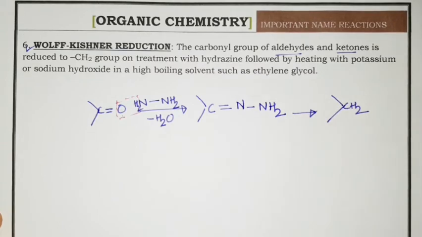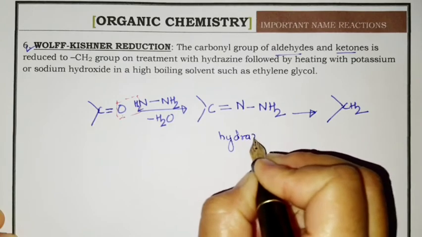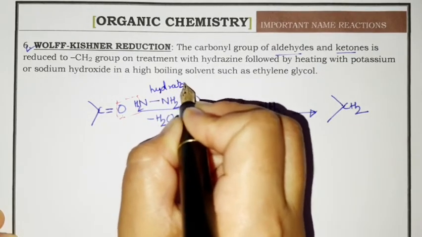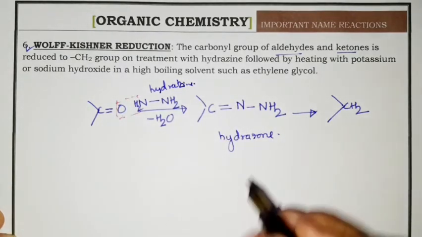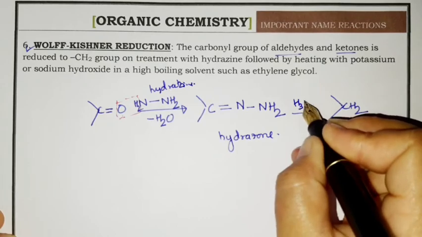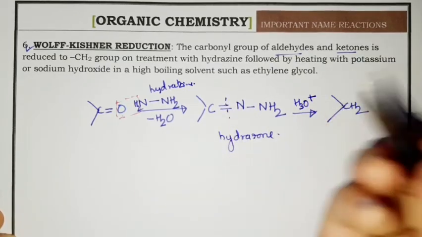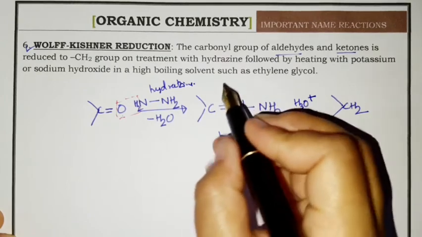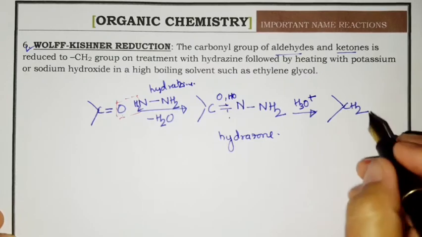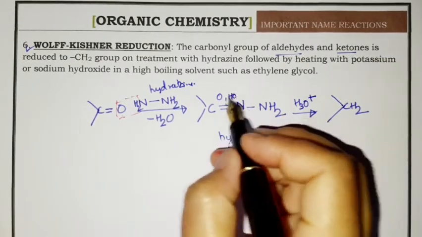So this is your hydrazone. When the carbonyl carbon of aldehyde or ketone reacts, it forms hydrazone, and this upon hydrolysis, though the mechanism is different, but simply what we can write is like this.